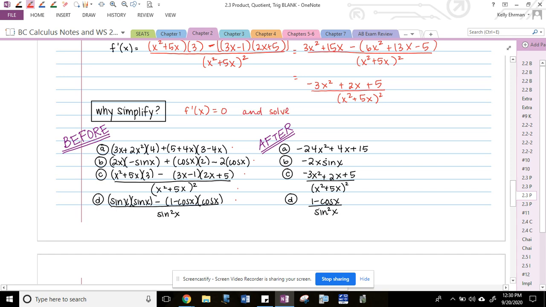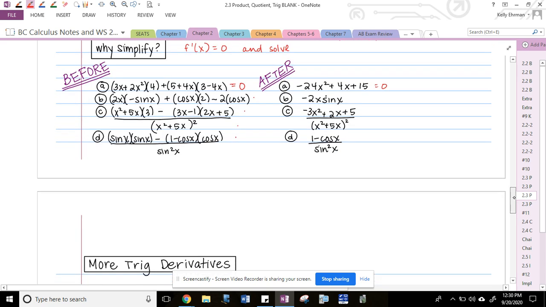And in order to do that, if you set this left side equal to 0, you're going to have to do all the work to get it to look like the right side and then be able to actually solve the thing if you're doing your algebra correctly. So why simplify? Because we're going to be solving, usually when f prime of x is equal to 0, but also for some other things too. So you should definitely simplify every time.